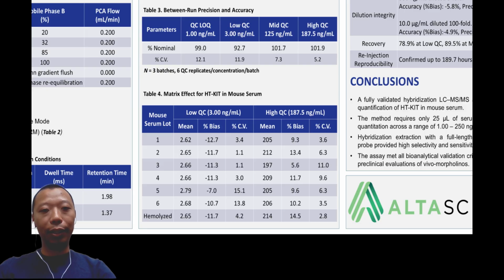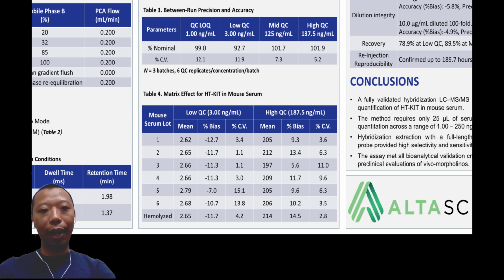Matrix effect was evaluated using 6 independent lots of mouse serum and 1 additional hemolyzed lot. Each lot was spiked at low and high QC levels and analyzed to assess potential ion suppression and enhancement.